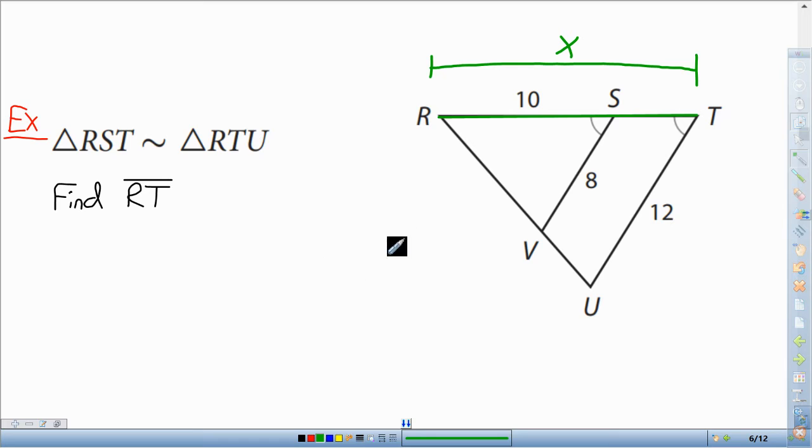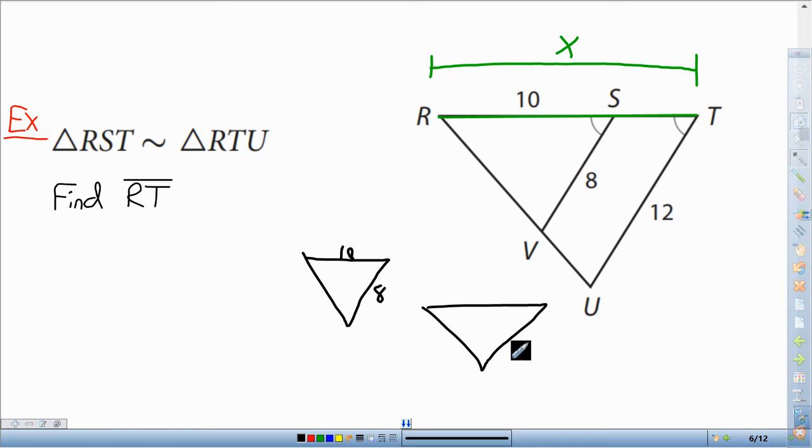If I were to draw these separately, and sometimes it's not a bad idea, this would be the 10, 8 triangle, and then this would be the one with 12, and this is what we're looking for. They're similar triangles. You know, this makes it a lot more obvious. When I go to write my proportion here, I'm going to be doing 10 over x as one of my ratios and setting it equal to the ratio of these corresponding sides, 8 over 12.